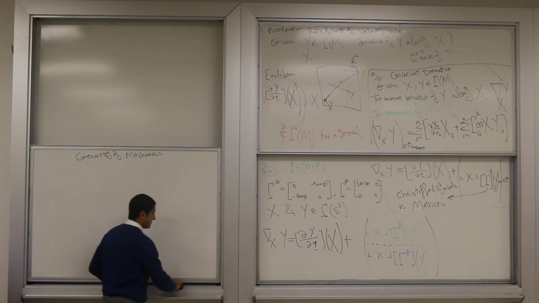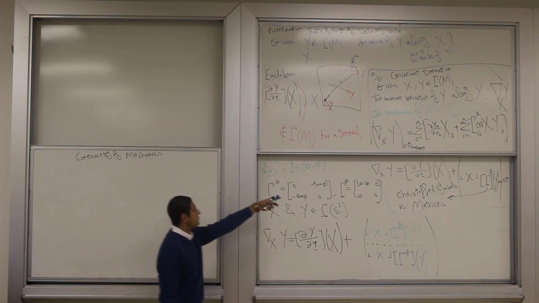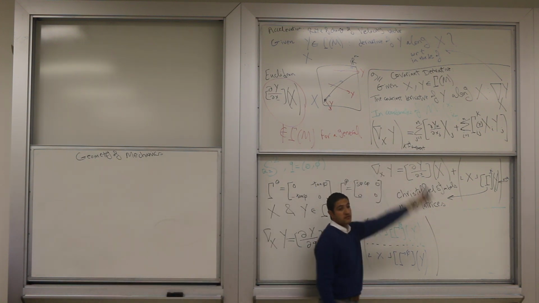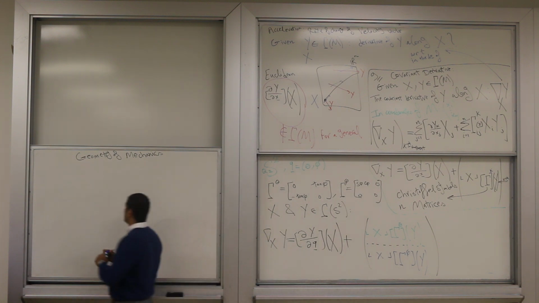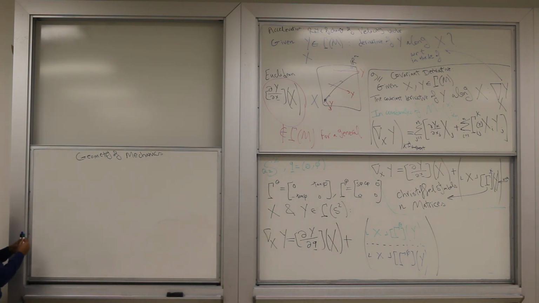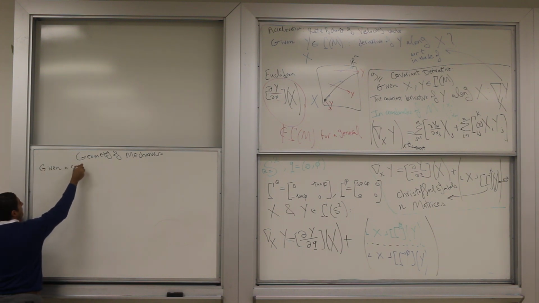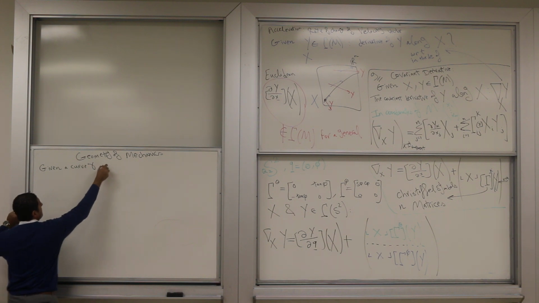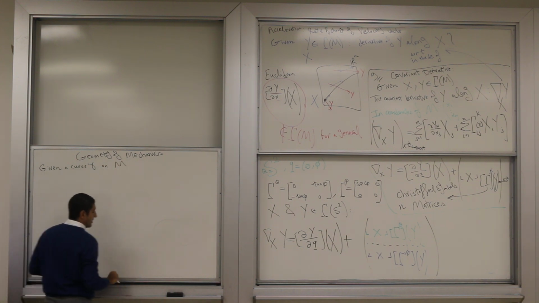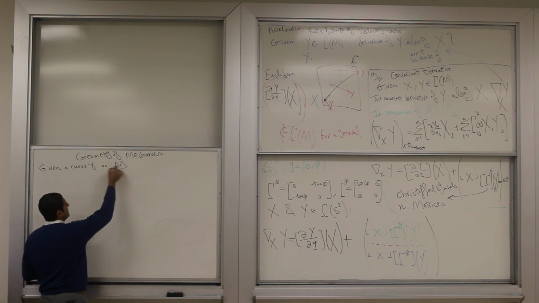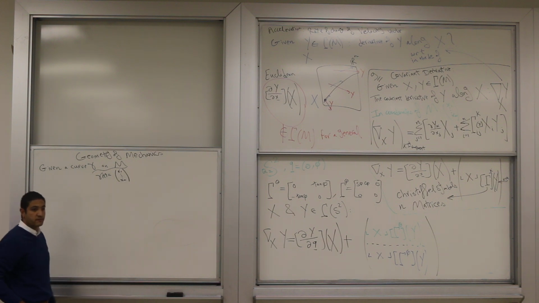Ready for what? I told you how to differentiate a vector with respect to another. So in particular, what is the derivative? Given a curve gamma on M, this means that gamma is (x1 up to xn) of t.